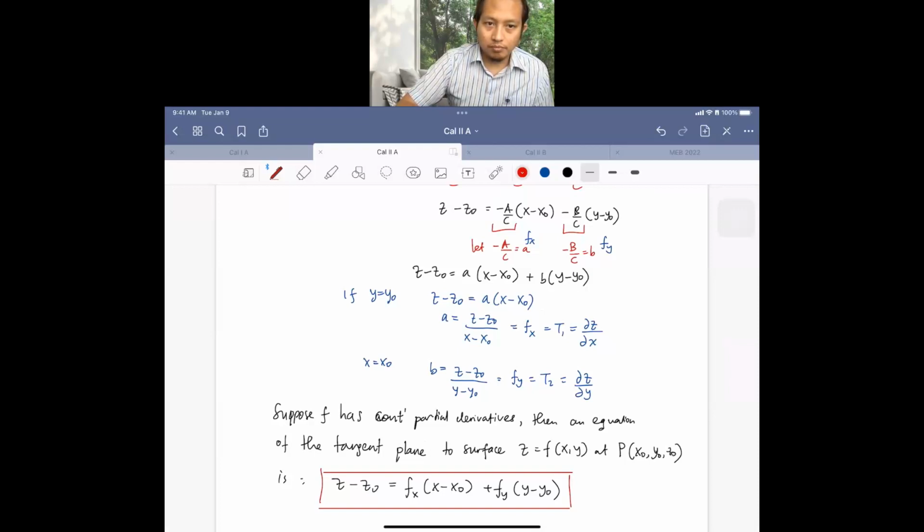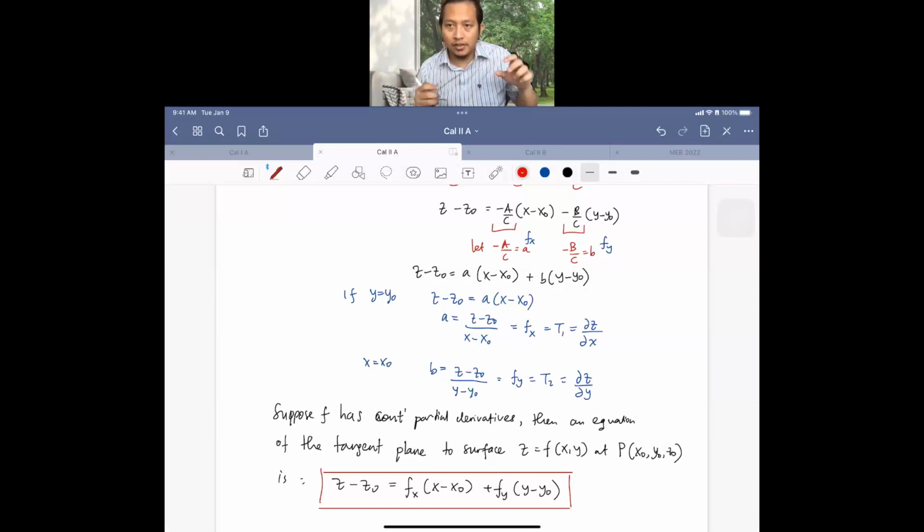So I hope you got the connection from the limit. When we deal with the limit, we take some different paths. The path is determined by the line that we are taking.